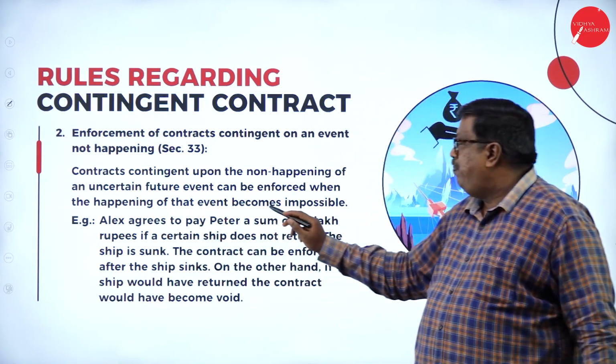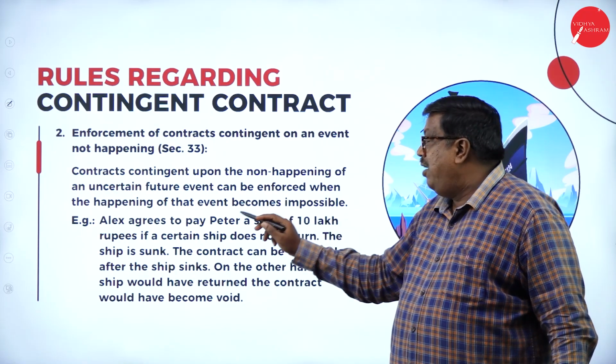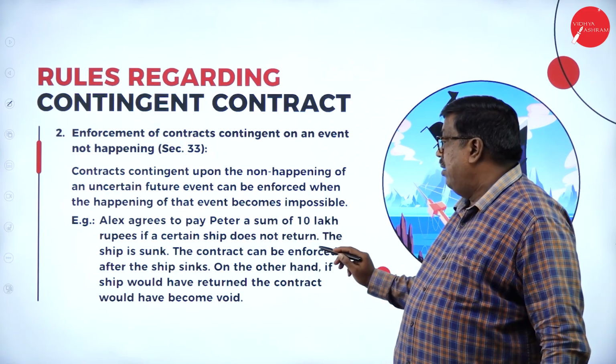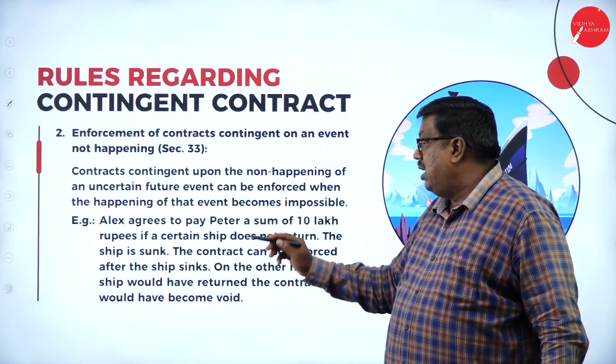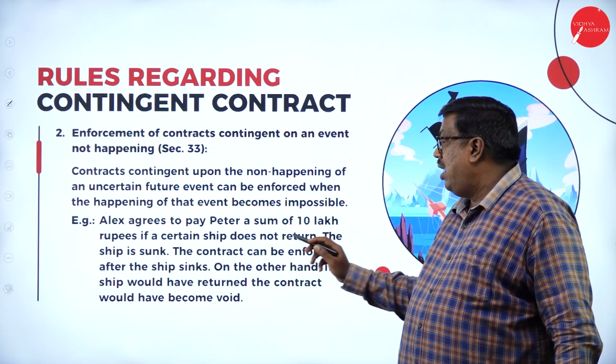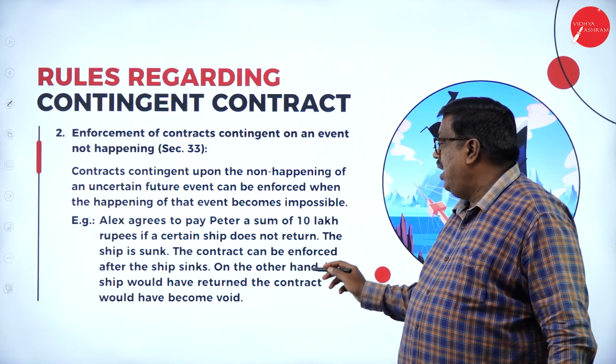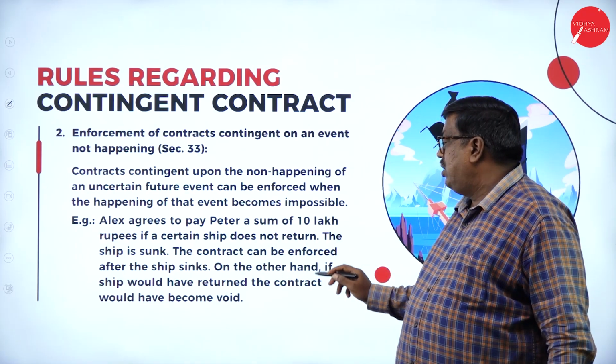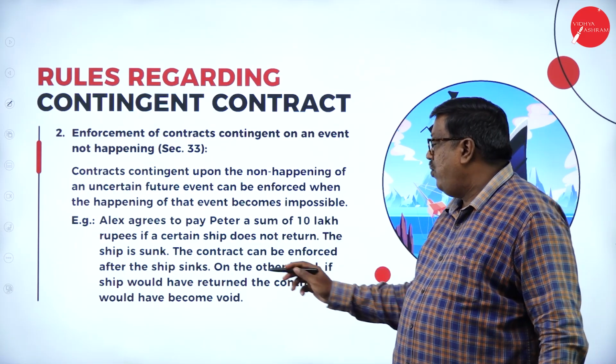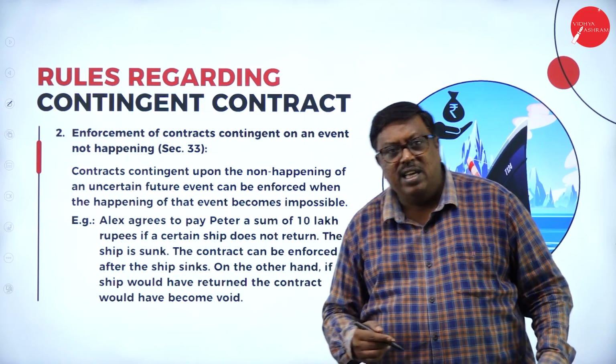The next one, enforcement of contract. Alex agrees to pay Peter a sum of rupees 10 lakhs if a certain ship does not return and the ship is sunk. The contract can be enforced after the ship sinks. On the other hand, if the ship returns, the contract becomes void.